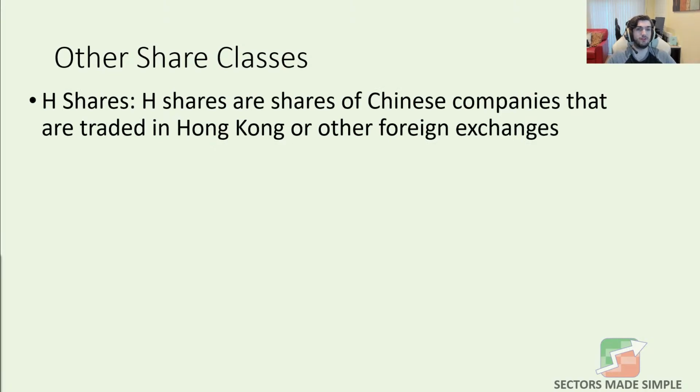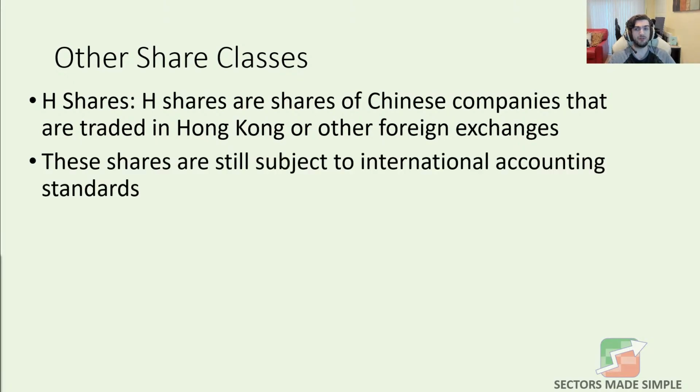One is through H shares. H shares are shares of Chinese companies that are traded in Hong Kong. The Hong Kong exchange allows for non-Hong Kong or non-Chinese residents to invest. These shares are still subject to international accounting standards and are audited by international sources most of the time, and I'll talk about one case of when that wasn't true.